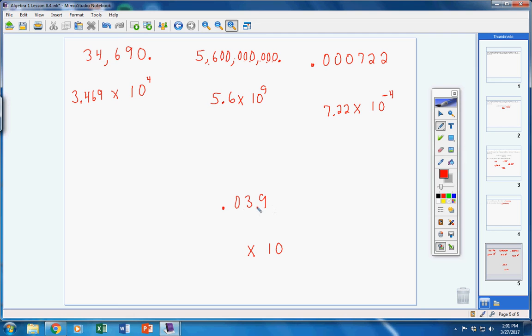You want the decimal here so that you have 1 digit to the left of the decimal. So I'm going to move the decimal from here to here. 1, 2. So I move the decimal 2 places, so I'm going to put a 2 right here. But hold it. It came from the left, moved to the right, so it's going to be negative.